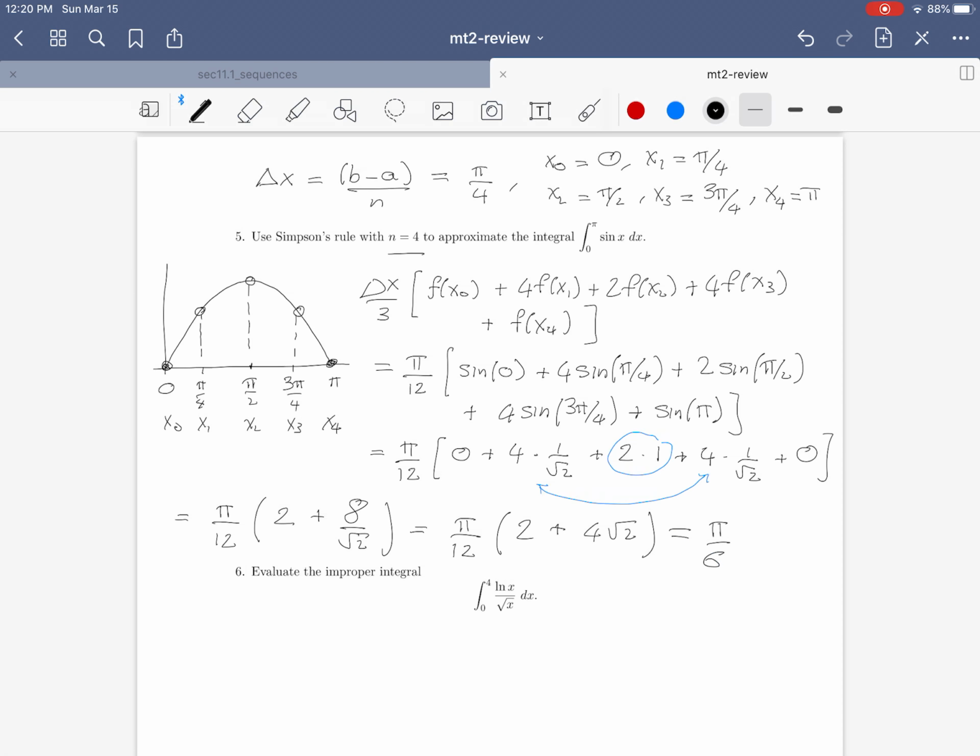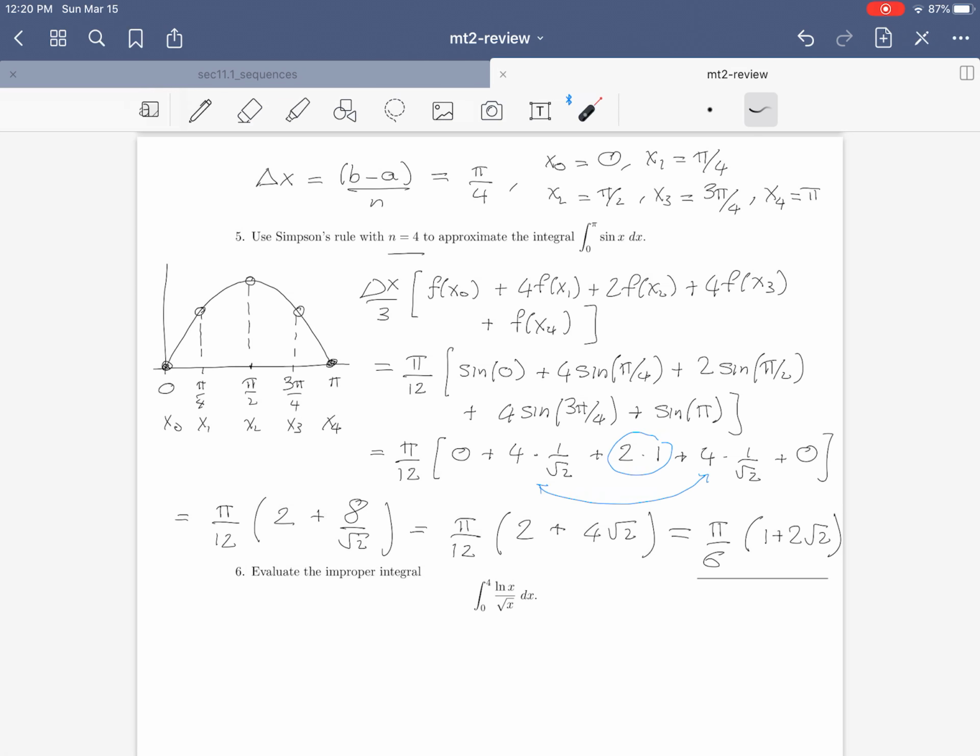So we get pi by 6 times 1 plus 2 square root 2. And that's our answer. So when you're doing a question like this and you get to this stage, it's always worth doing the extra few steps just to simplify your expression as much as possible.